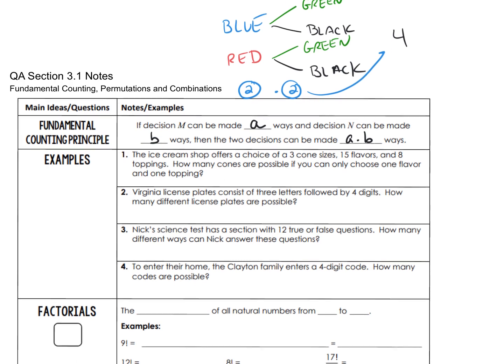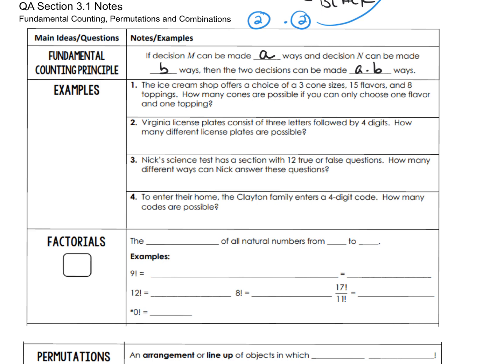So if we look at some examples here, this first one says the ice cream shop offers 3 cone sizes, 15 flavors, and 8 toppings. How many different cones can there be? Quite a few different combinations.